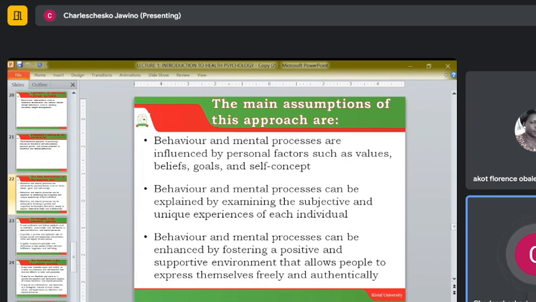Behavior and mental processes can be enhanced by fostering a positive and supportive environment that allows people to express themselves freely and authentically. This assumption can be based on the fact that if you want your child to be a footballer, provide a supportive environment, provide balls to play with. You want your child to be, for example, an engineer.